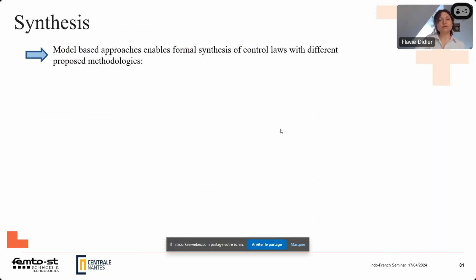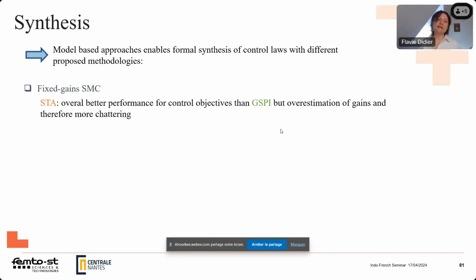So to conclude this part, the model-based approaches enable formal synthesis of controllers with different proposed methodologies. We saw the fixed gain sliding mode controller, where the super twisting algorithm gives us overall better performance for control objectives than the baseline one. But there is no adaptation of gains and more chattering, and there is the upper bounds problem.